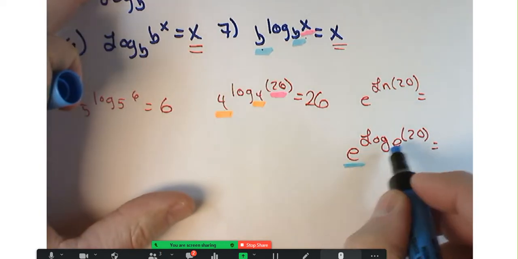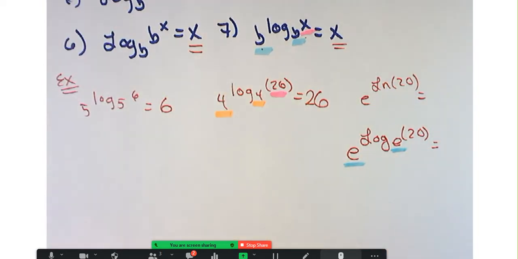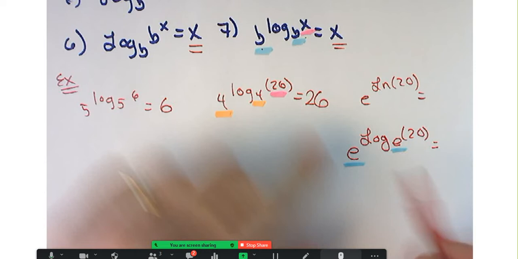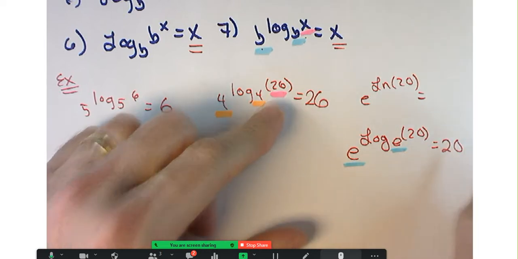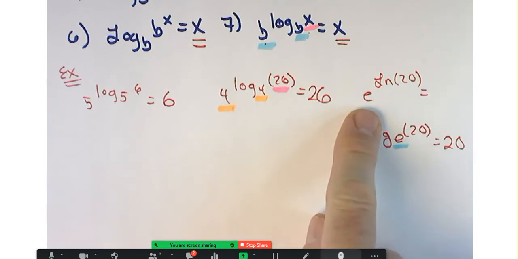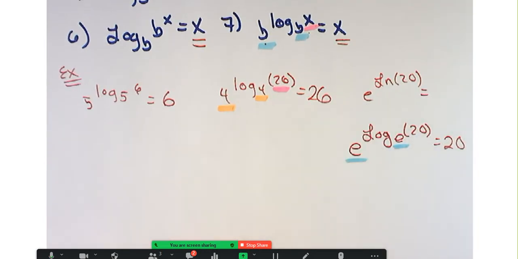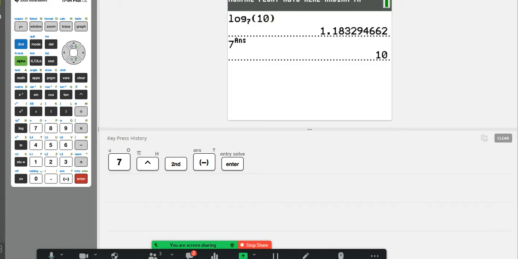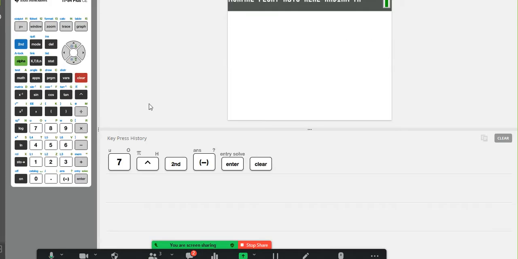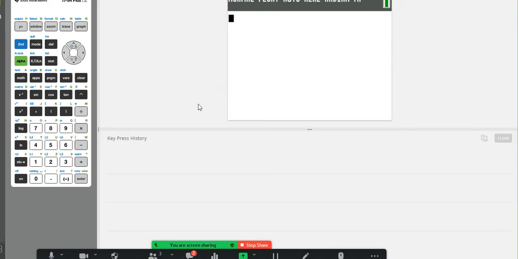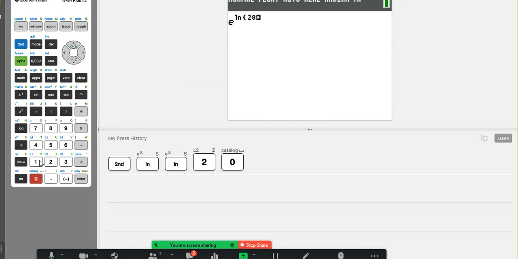The base of your exponent and the base of the logarithm match. So that means these things cancel each other out and you get 20. You could actually do that one on your calculator without too much fuss. So let's clear this out. Second e to the ln, so you got to hit this again, of 20 should equal exactly 20. Perfect. That's exactly what happens.